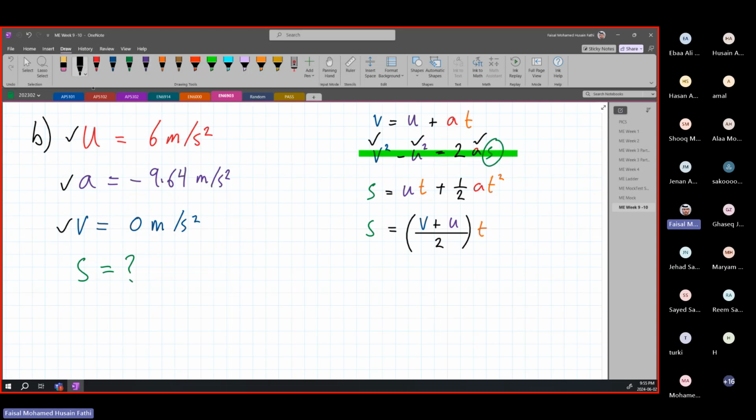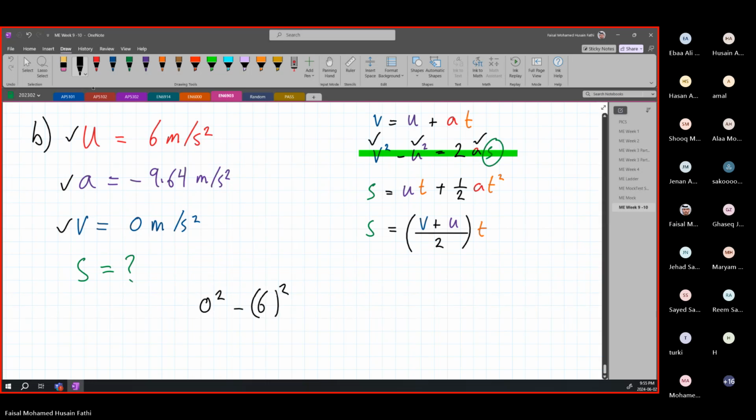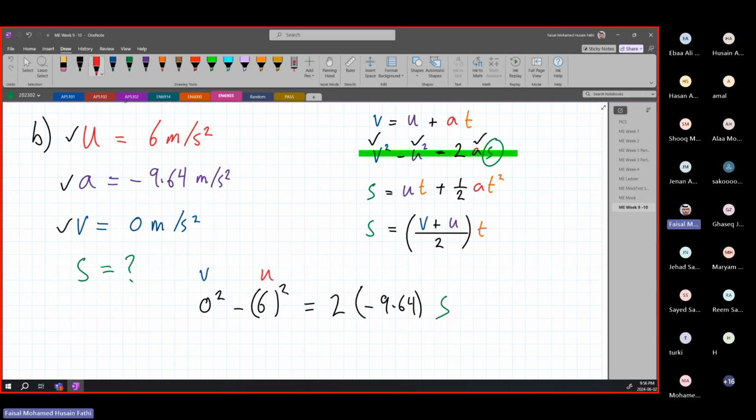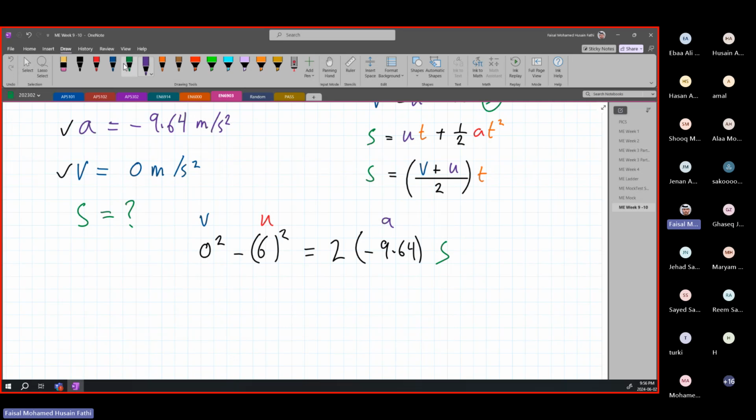So in other words, we are going to say v squared, which is 0 squared, minus u squared, which is 6 squared, is equal to 2 times the acceleration, which is negative 9.64, times s, which is what we are trying to find out. Again, this is our v, this is our u, and this is our acceleration a. All right? So now we just solve for s. We're just going to divide both sides by this over here.